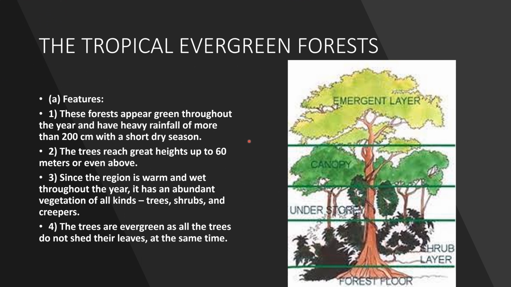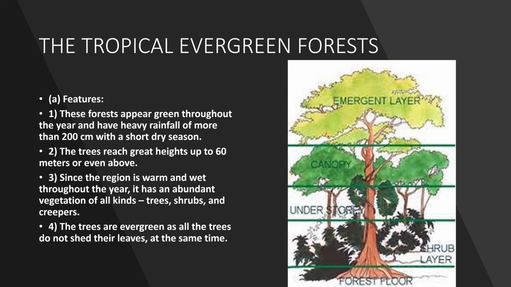The features which the tropical evergreen forests exhibit are that they appear to be green throughout the year because they do not have any particular season where all the trees shed their leaves. So these forests appear to be green throughout the year. And since rainfall is very heavy, these trees have also been experiencing a very high humidity to the tune of about 77%.